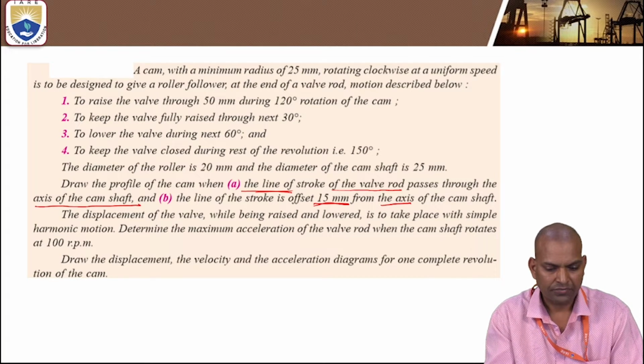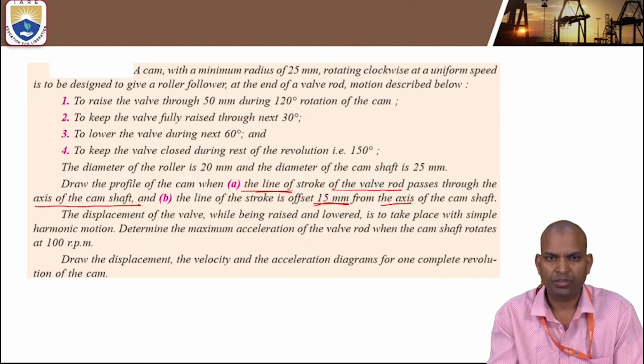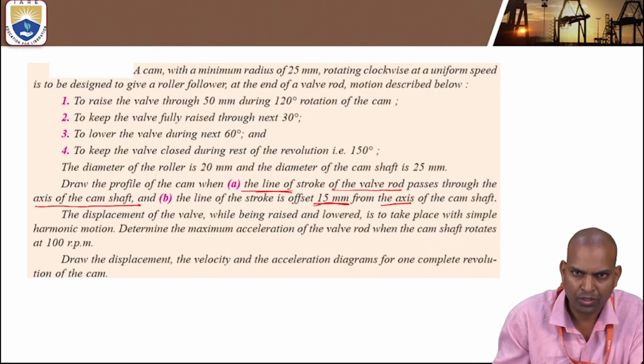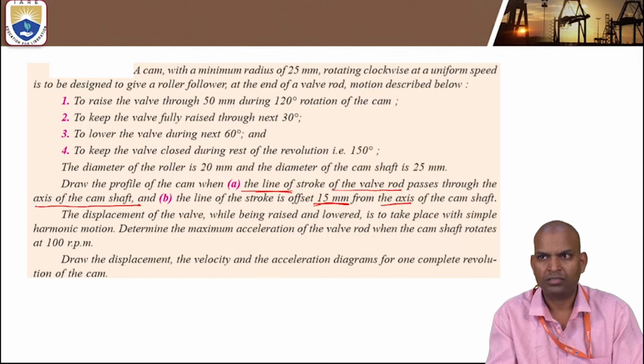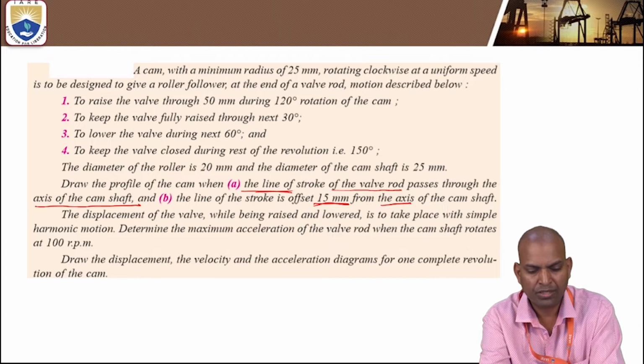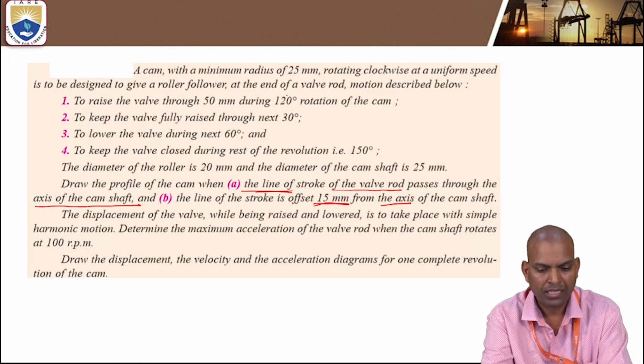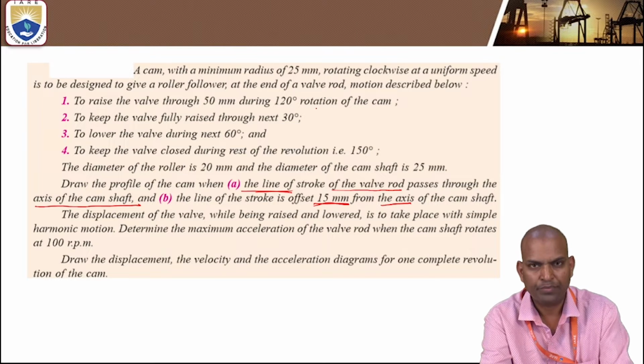Here we have to see how to draw a displacement diagram when the follower is having simple harmonic motion. Now a cam with a minimum radius of 25 millimeter rotating clockwise at a uniform speed is to be designed to give a roller follower at the end of a valve rod the motion described below.